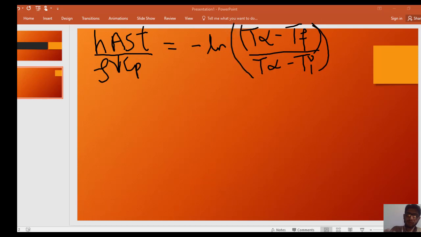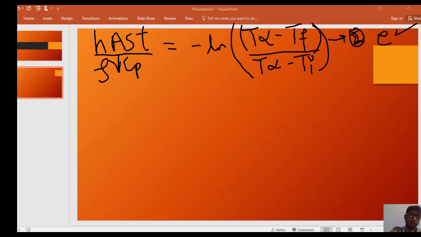This is the final equation. Now apply e to both sides. Suppose this is equation 2. Write in the base of e, which is the irrational number having value 2.71.